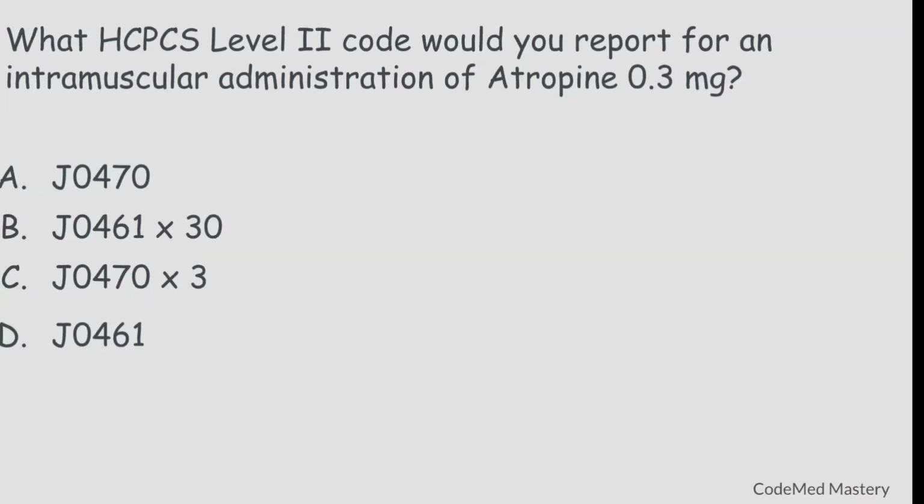This is a question from HCPCS level 2. Read the question. What HCPCS level 2 code would you report for an intramuscular administration of atropine 0.3 mg? In the options, you can see they have given the code J0470 and J0461. So, first let us check those two codes.